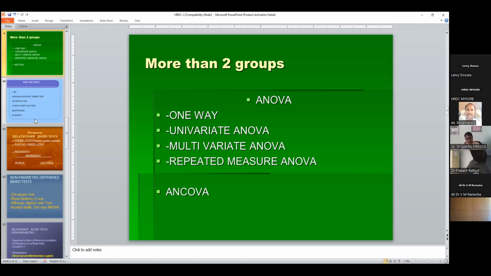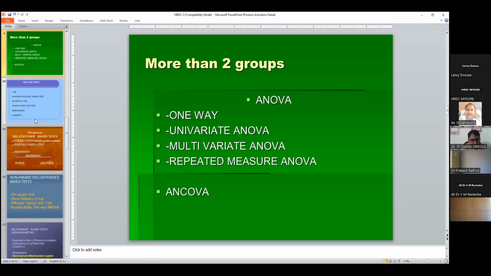So in one manner, as I said, you have a minimum of 3 groups, and you want to establish a mean difference. So we refer to ANOVA as an extension of the t-test, because in ANOVA we compare more than 2 groups, whereas in the t-test we compare only 2 groups.